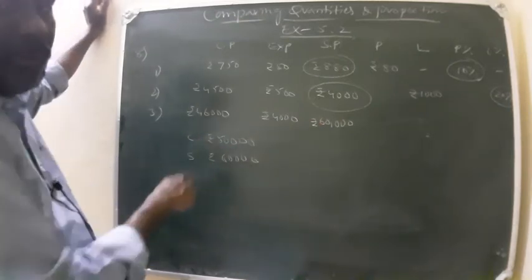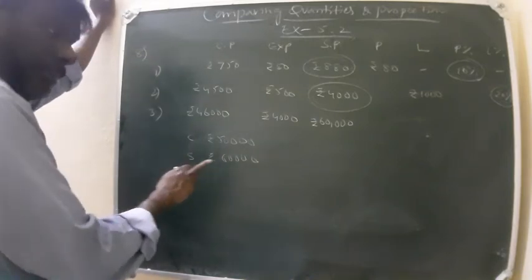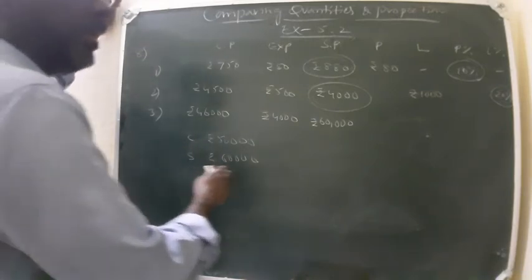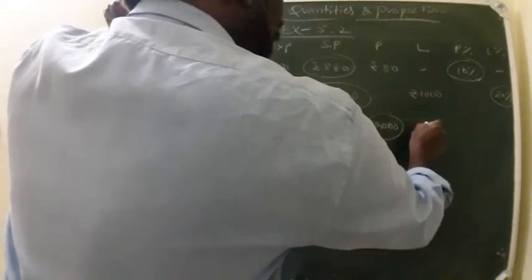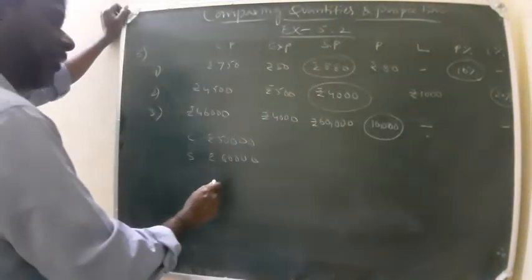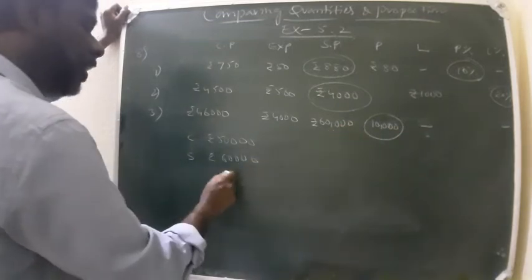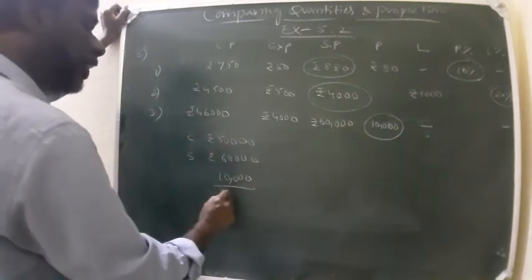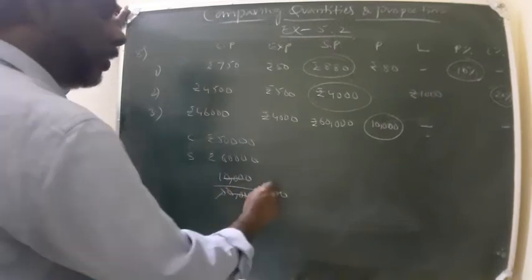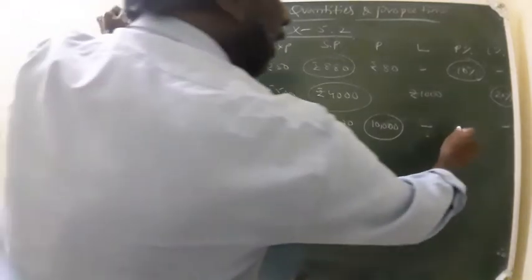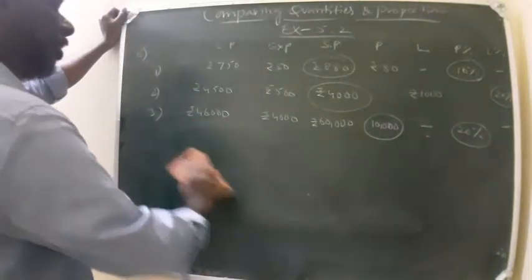Here you will get profit because SP is more than CP, no? So profit is 10,000. Here we won't get loss. For profit percent, 10,000 by CP into 100, so here you get 20% profit. Like that you have to do this problem.